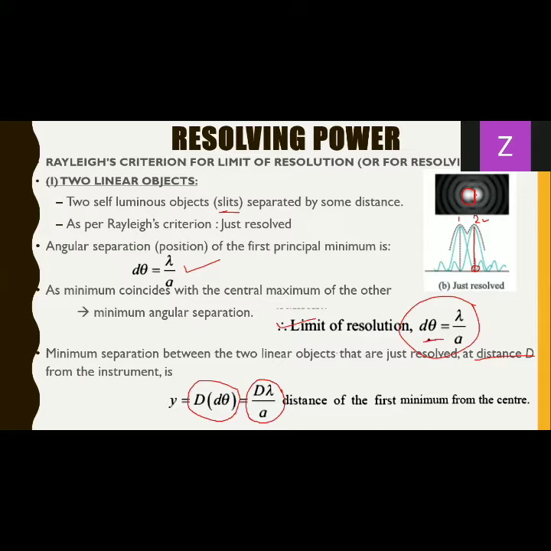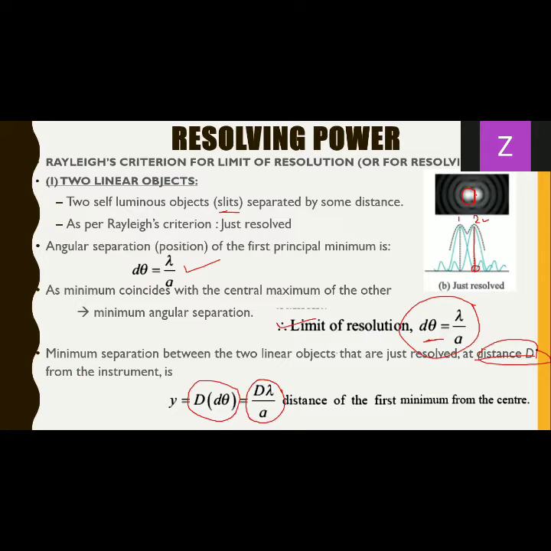But this formula is for when the distance between the instrument and the objects is very small. But what if the distance is comparatively higher? What if the distance is considerable, which is this distance d?